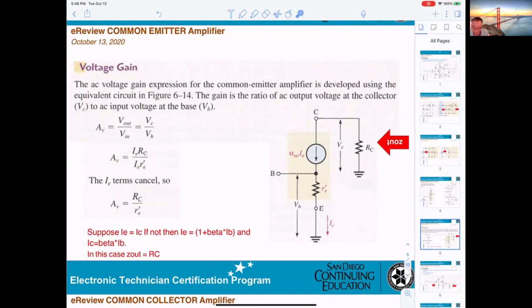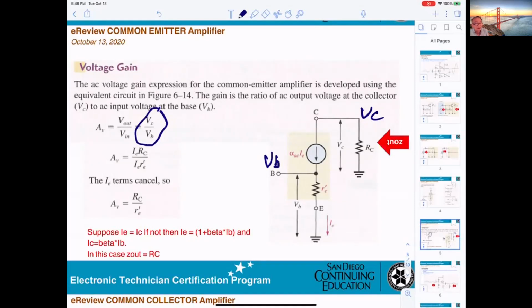However, if you look into the circuitry here, this is what they call VC right here, and that's what they call VB. So the gain, the ratio between V out and V in, is VC over VB.